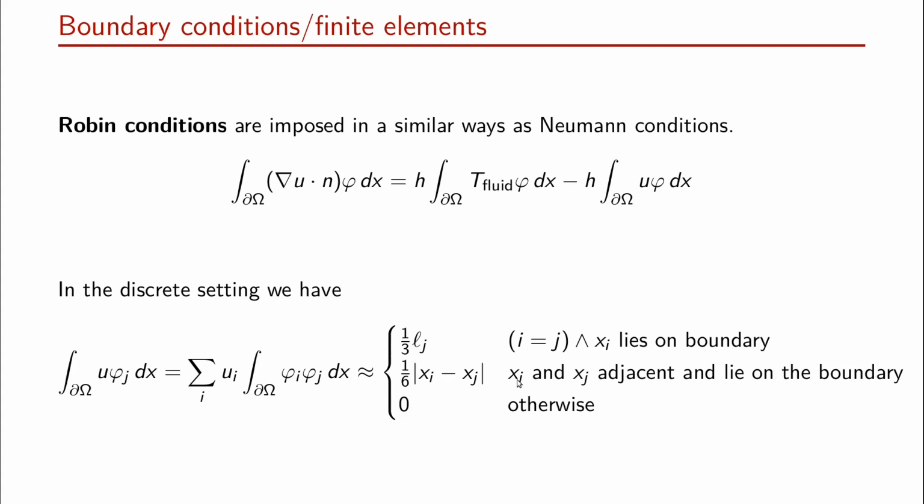And if xi and xj are both on the boundary and they are adjacent, since if they're not adjacent there's once again no contribution, but if they are next to each other, then there's an overlap in the basis functions, and we need to integrate out this overlap, and then the overlap basically just becomes 1/6 times the length of the segment. This is understood as a Euclidean norm, that's just the length between the point xi and the point xj.